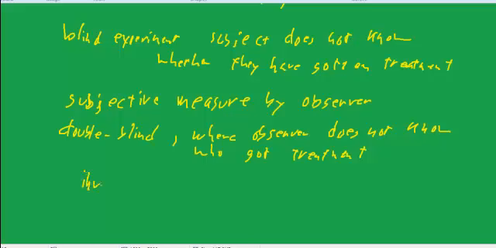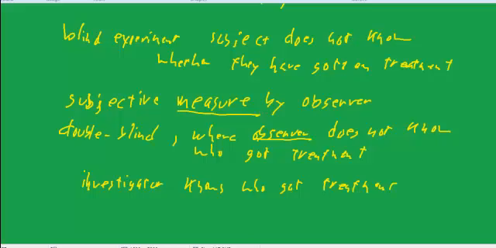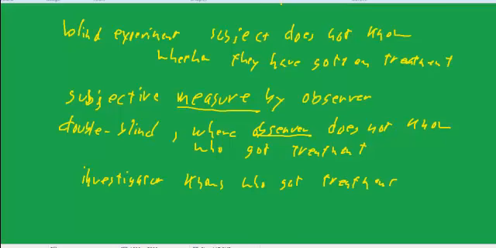So the investigator, or the head researcher, knows who got the treatment, otherwise you can't do any meaningful measurement. But the observer who's doing the measurement does not know who got the treatment. That is a double-blind experiment. So that explains blind and double-blind.